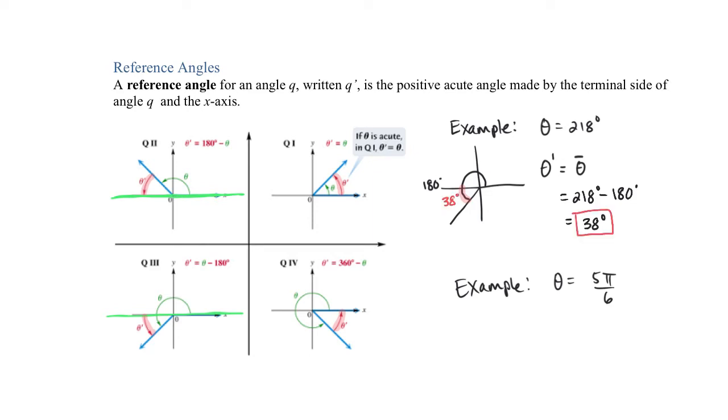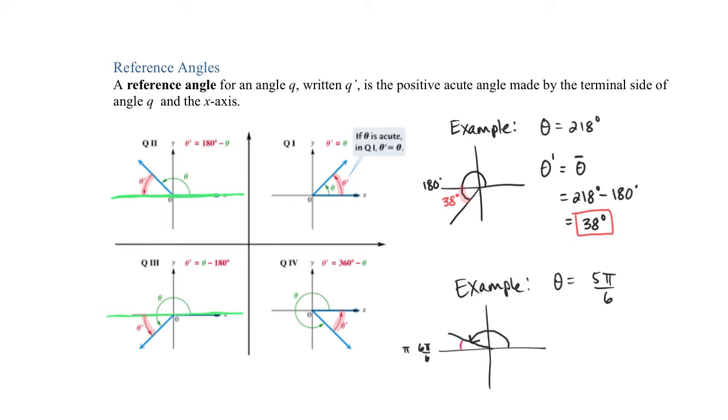Okay, let's try one more example. Let's say that we're at 5 pi over 6. All right, so let's draw a picture, remembering 6 pi over 6 is the same thing as pi. So at 5 pi over 6, we're in quadrant 2. We haven't quite gotten all the way over. So we're right here. And we are looking for the reference angle, just this little section right in here.